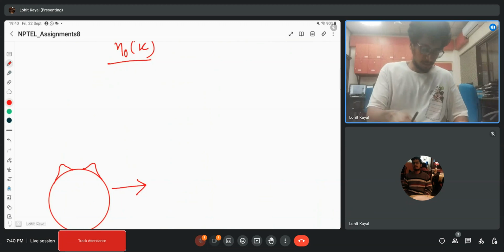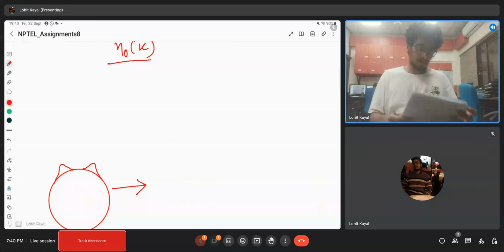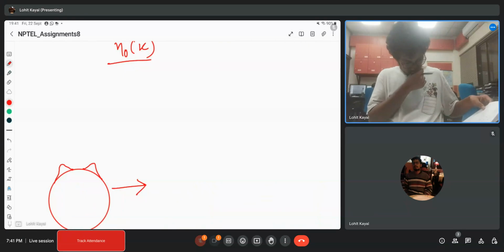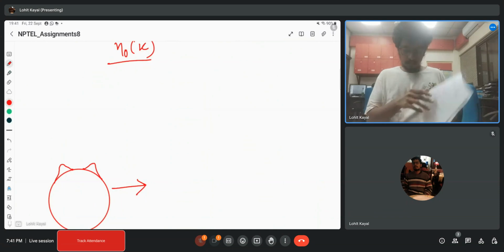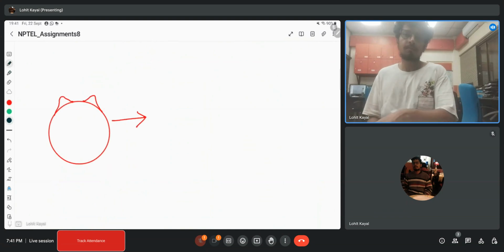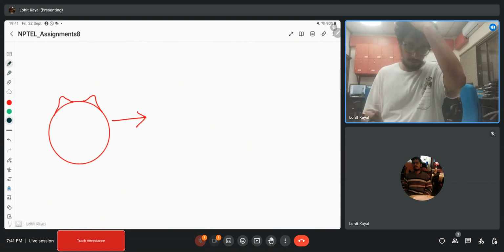So in spherical geometry, the calculation might be a little lengthy, but just keep it in hand, it will be helpful for you.